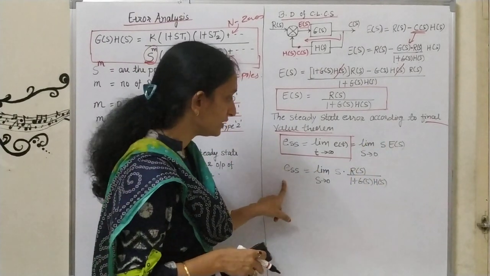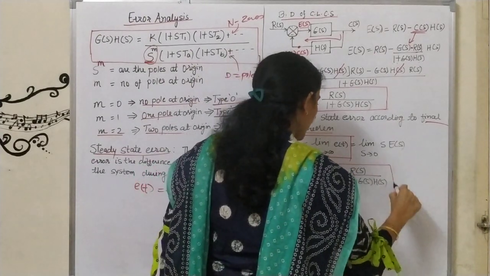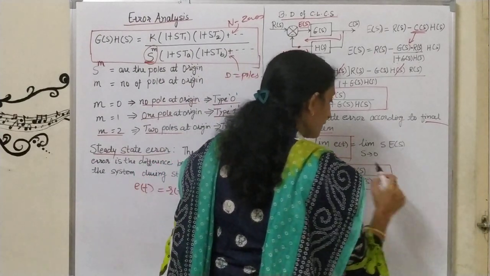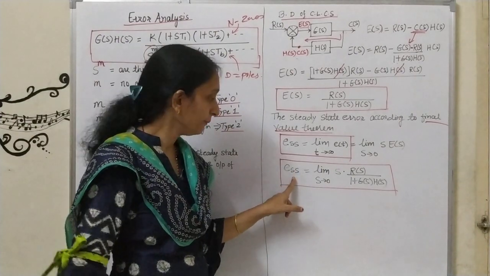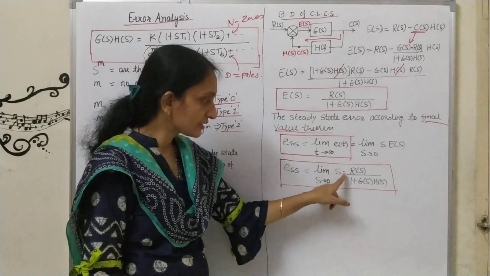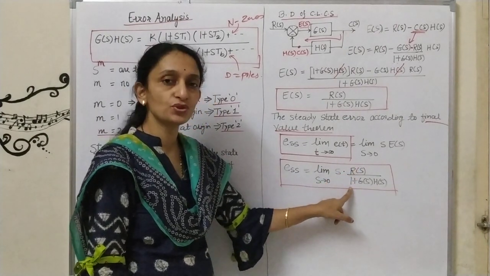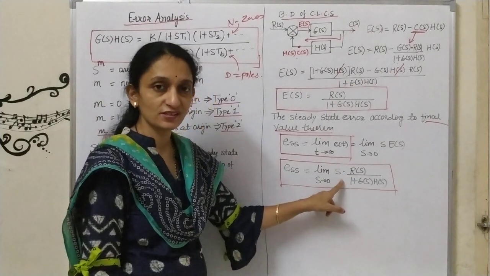So I have the formula ESS written in Laplace form. Steady state error is given by limit s tends to 0 of s into R(s) upon 1 plus G(s) H(s). The important thing is, suppose a unity feedback system is there.